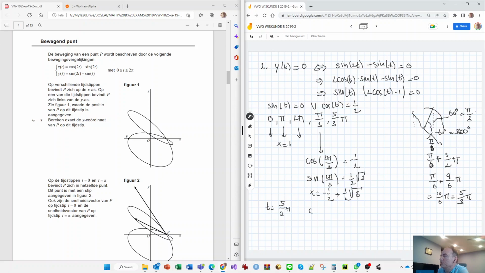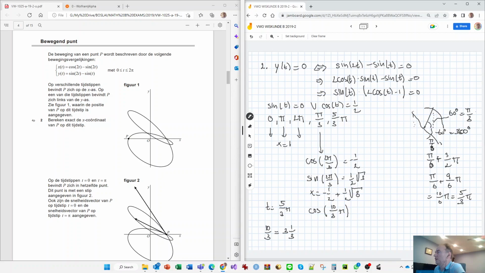Now I need to know what is the cosine of 10 over 3 pi. Well, 10 over 3 is 3 1/3. So I rotate 3 times pi, 1, 2, 3, and I add 1/3 of pi.